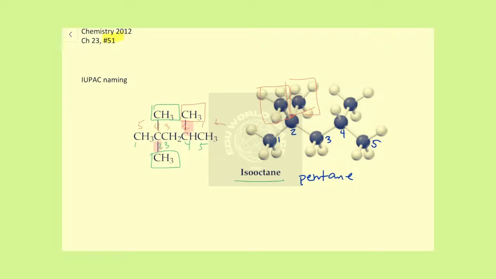If we had counted from the right side, following this orange numbering right here, we're going to have 2, 4, 4 trimethylpentane, and as you could see, this would give us a higher total number. So that's why we counted it the other way. But anyway, this is our IUPAC name for isooctane.